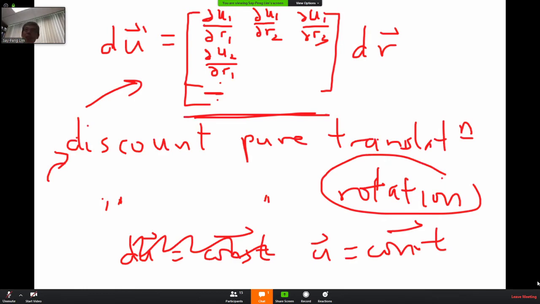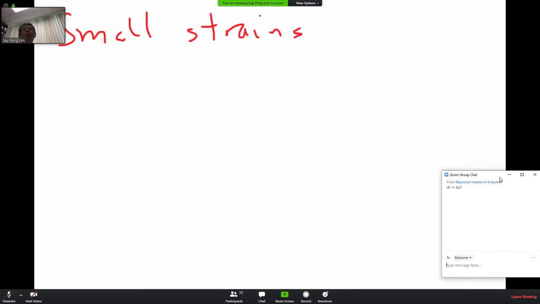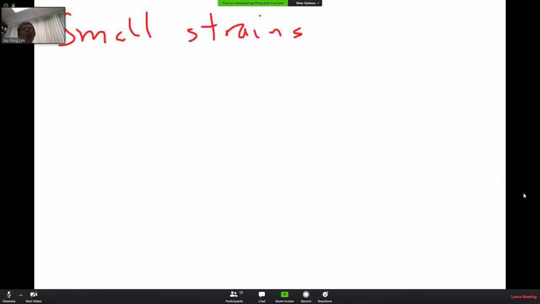So the first thing that the author did is to discuss small strains. That means for small distortions, right? What happens if you have small distortion? That means your matrix of partial derivatives, your 3x3 matrix, actually consists of small numbers.